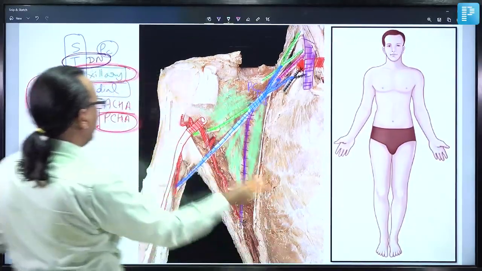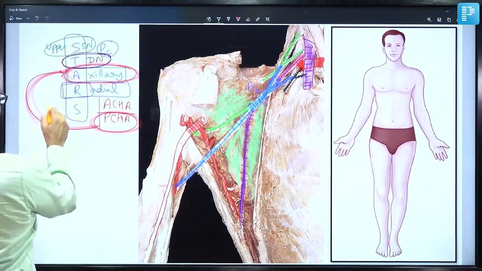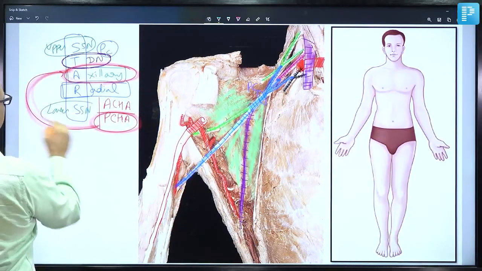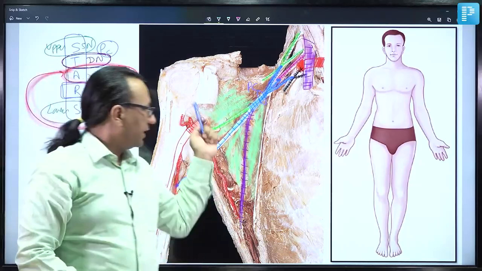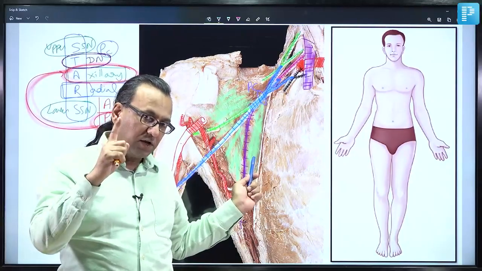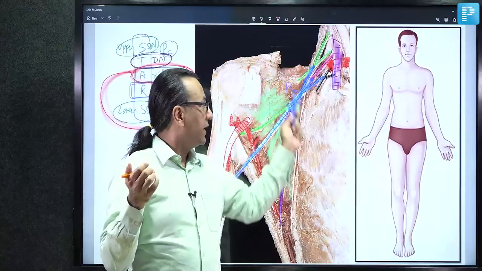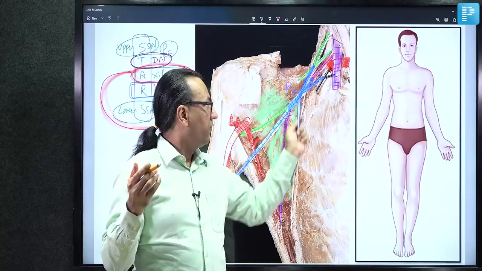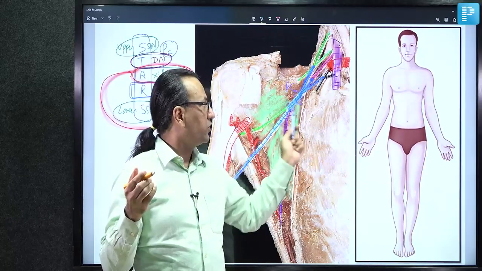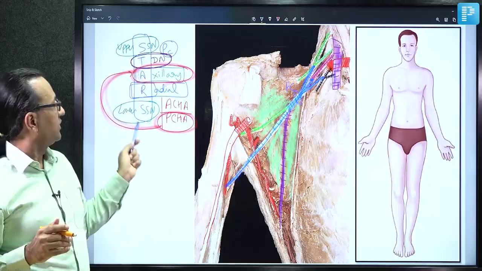So the upper subscapular nerve and lower subscapular nerve supply the subscapularis muscle, making it hybrid. A hybrid muscle will have more than one nerve supply. Here it is having two, both of them coming from the posterior cord of brachial plexus. So posterior cord of brachial plexus gave you 5 branches, remembered by the mnemonic STARS.